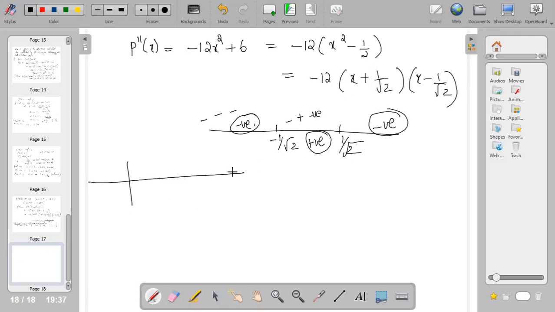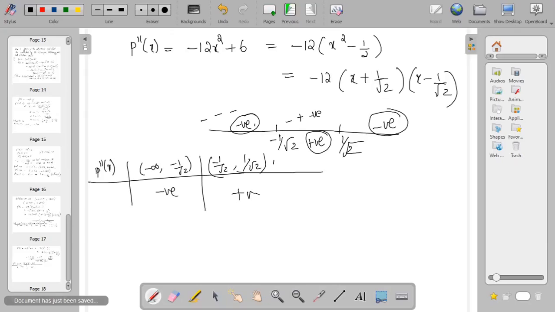So p double dash of x in the interval minus infinity to minus 1 by root 2 is negative, and minus 1 by root 2 to 1 by root 2, it is positive, and 1 by root 2 to infinity, it is negative.